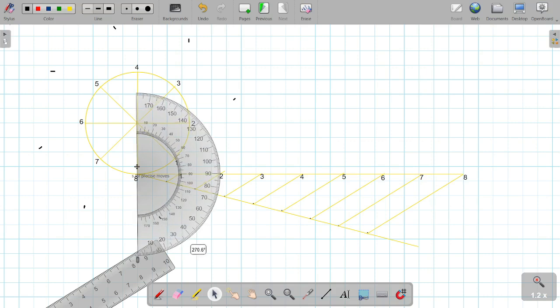So point 8 tangent will be exactly the same line as that of the perimeter of the circle. So we don't need to draw that.